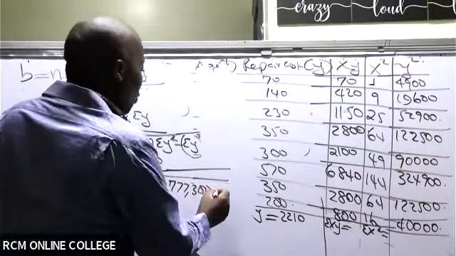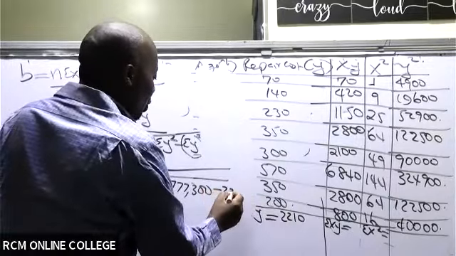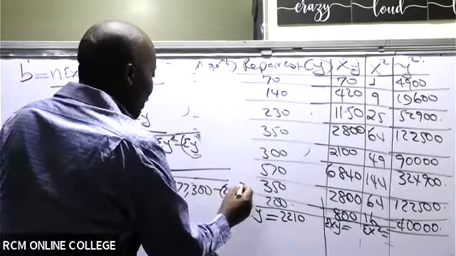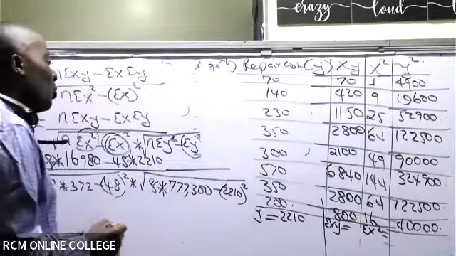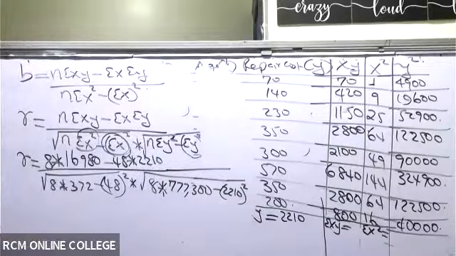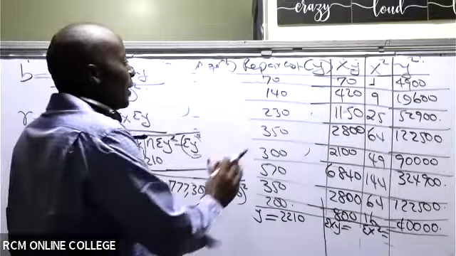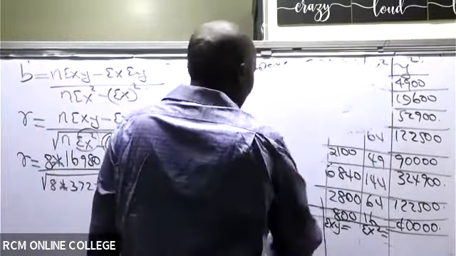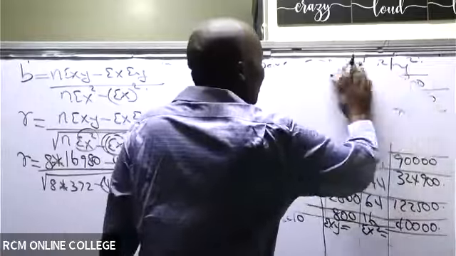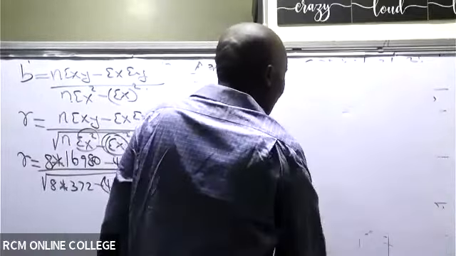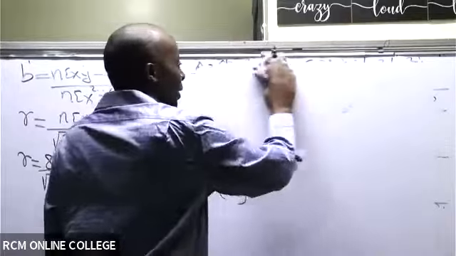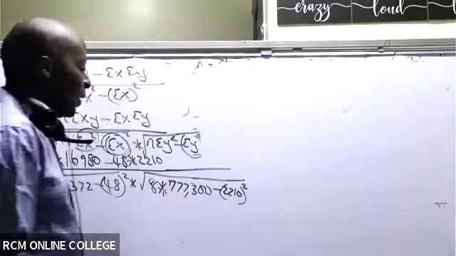Minus summation of y that I have here, 2210. Now you square this. It may look very big, but trust you me, it is very simple.